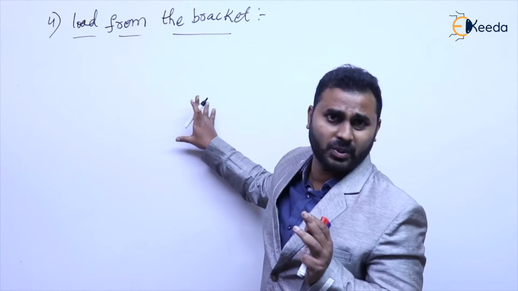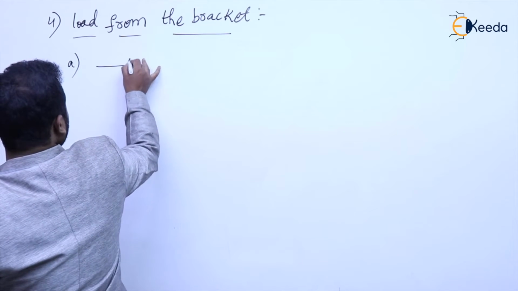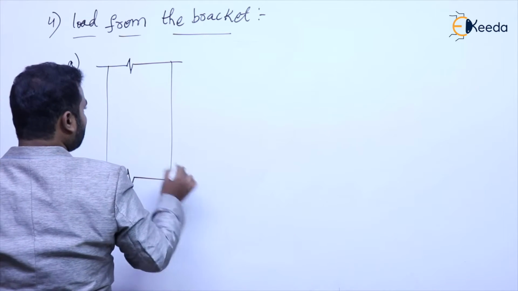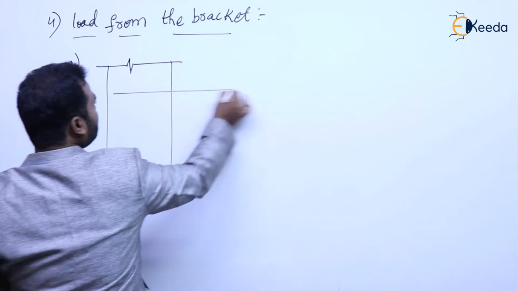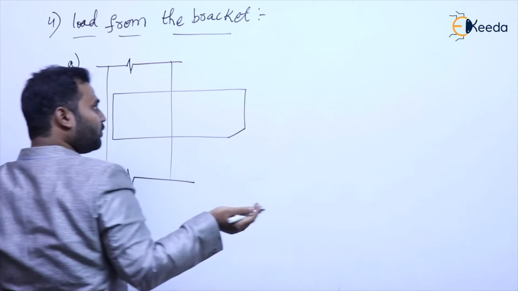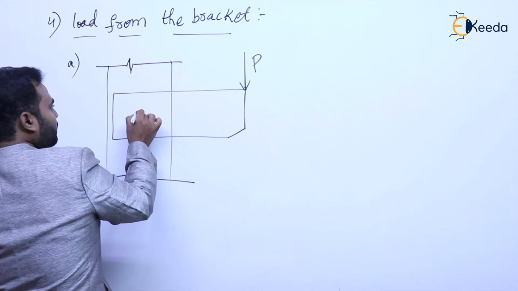Here briefly I am going to explain. So there exist two types. First one, this is the flange of a column. Now this flange of a column is connected to a bracket by using a bolt or weld, whatever it may be. Now this is the load P. Here is where the CG lies.